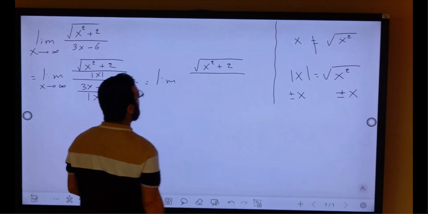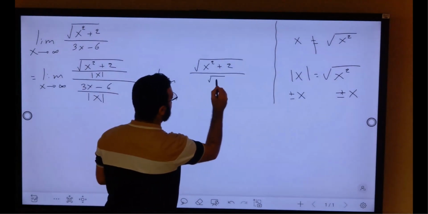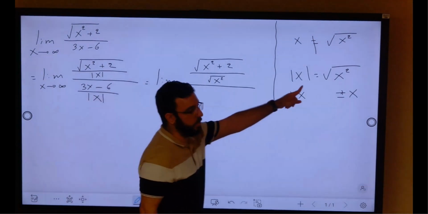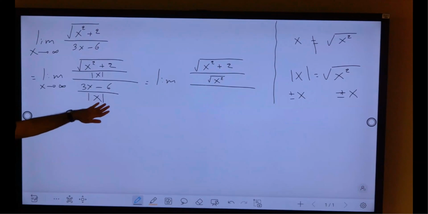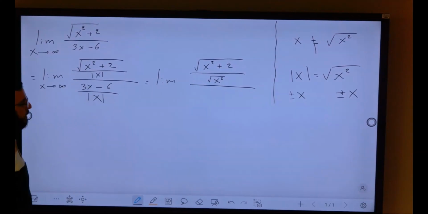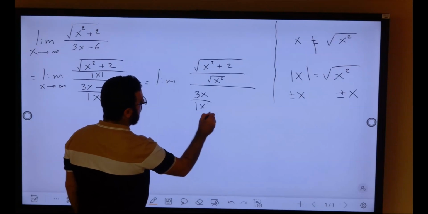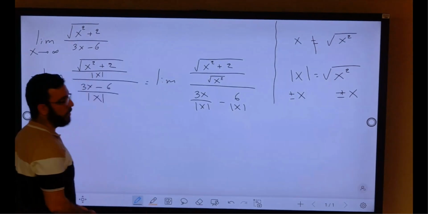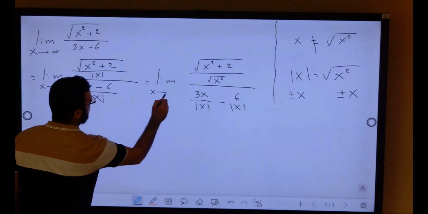Can I change the absolute value of x to the square root of x squared? They are equal, so I can do that. On the bottom, you can keep it as the absolute value of x. That means here is going to be 3x over. Yes or no? Don't forget x is going to infinity.